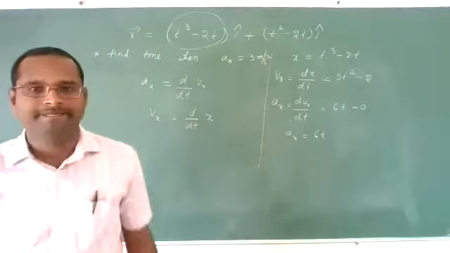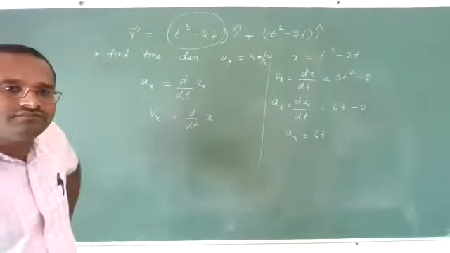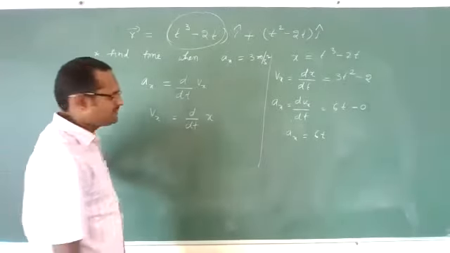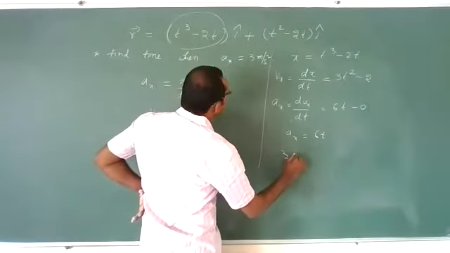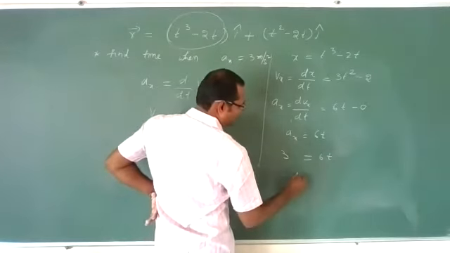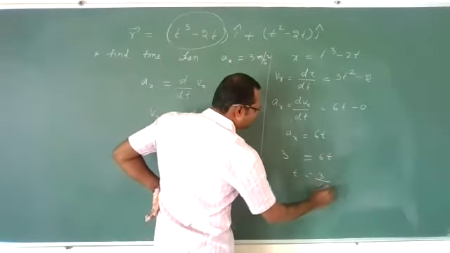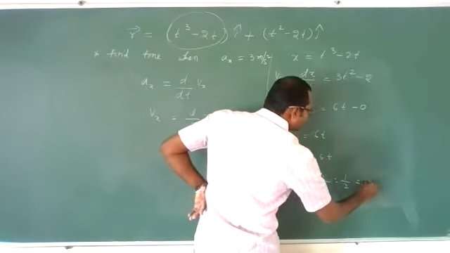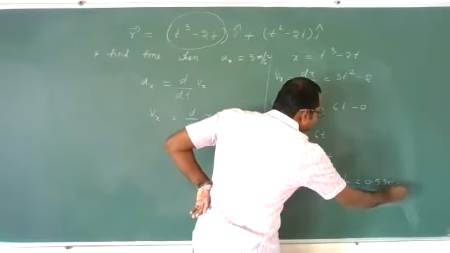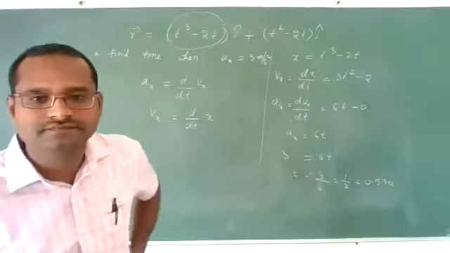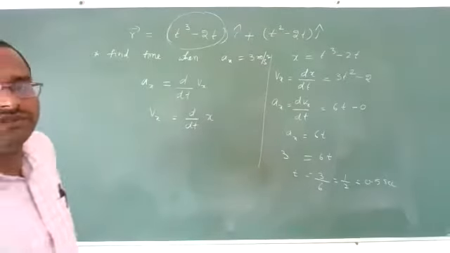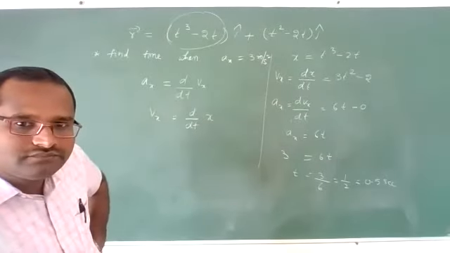Then what is the time? Can you find? Yes, 3 is equal to 6t. Then t equals 3 by 6, 1 by 2, 0.5 seconds. Good. Are you getting?